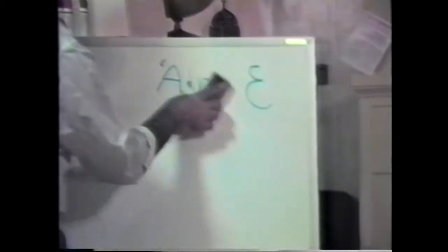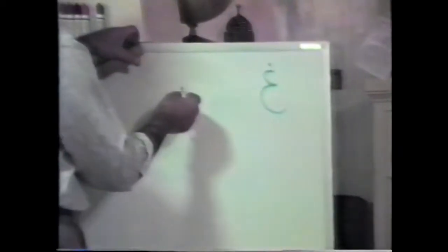The next letter is, oh boy, these are difficult letters. It's the same but with a dot on top of it. Now this is Ghain. Oh, you have to look at me again. It's like the French R. The closest thing to it is the French R. You hear the French saying merci, means thank you.